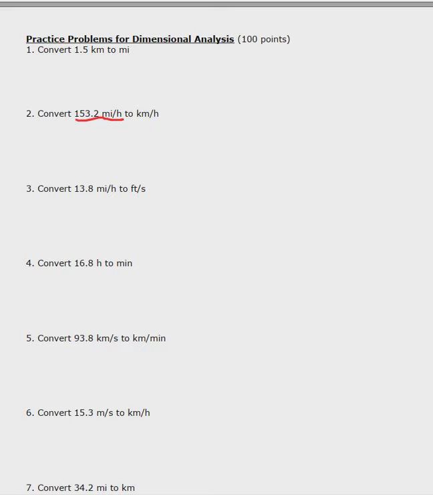So you only want to convert one unit at a time. 153.2 miles over 1 hour. Okay. So now we put that into parentheses, and we set up another set of parentheses. So then we go back up to the top.